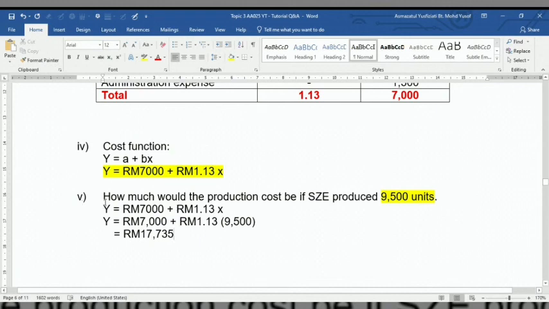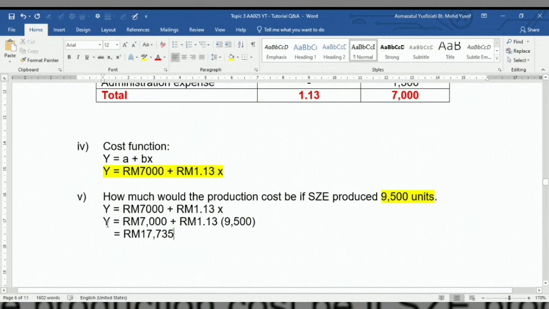Okay, now we proceed to question 5th Roman. The question is, how much would the production cost be if SXZ produced 9,500 units? So you use the cost function in question 4 Roman, that is y equals to 7,000 ringgit plus 1 ringgit and 13 cent x. And now for x is 9,500.